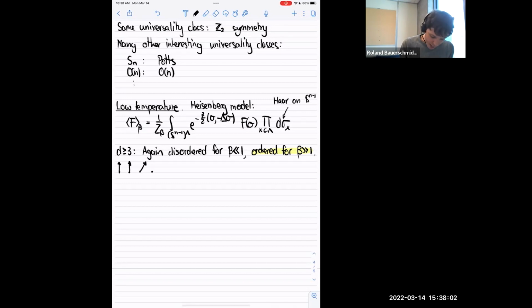A phenomenon that can happen is that the spins, which are now these arrows, can rotate slowly. This is in contrast to the Ising spins, which always have to flip by a finite amount. These can rotate slowly.